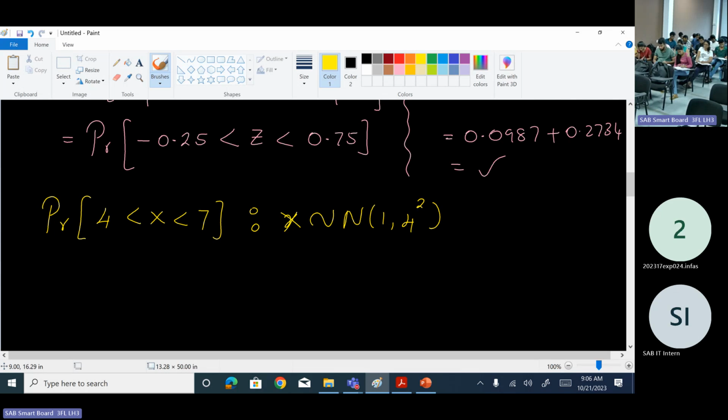General normal, so first we need to transfer this to standard normal. 4 subtract 1 divide by sigma. When you transfer, x goes to z. 7 minus 1.